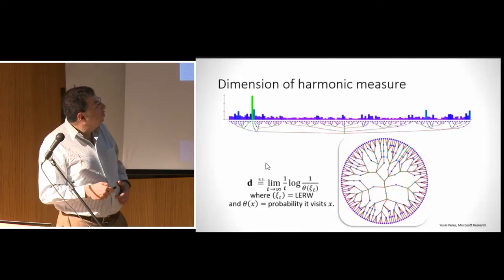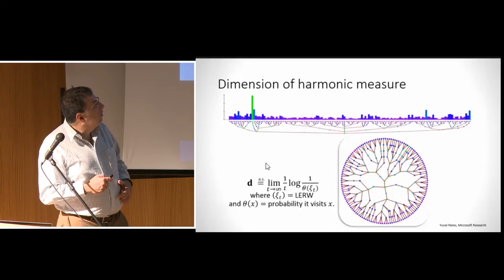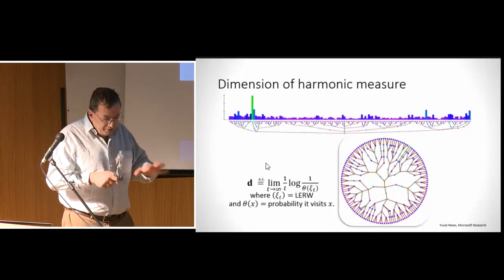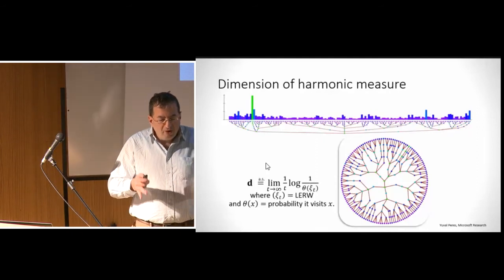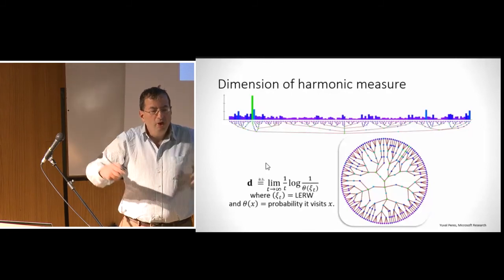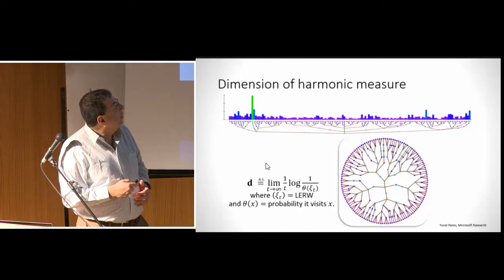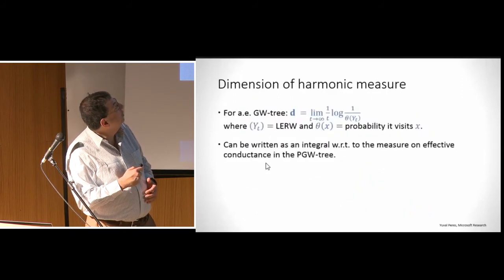We analyzed random walk on such a Galton-Watson tree and showed that the irregularity of the tree means that the random walk stays on a really smaller subtree of smaller exponential growth. So the Galton-Watson tree has some exponential growth, but the random walk has this non-uniformity, which you can kind of see here.